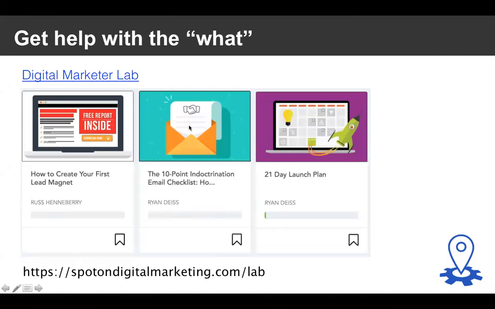And then there is the 10-point, they call it indoctrination email checklist. I would rather call it introduction email checklist. And then they have a 21-day launch plan that includes a lot of conversation about what your lead magnet should be, how your landing pages should look, and so on.